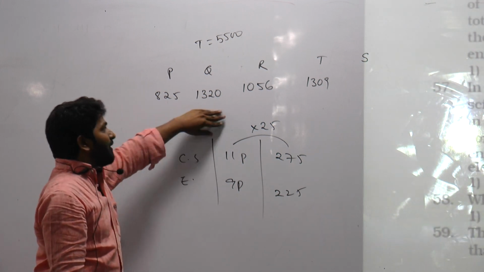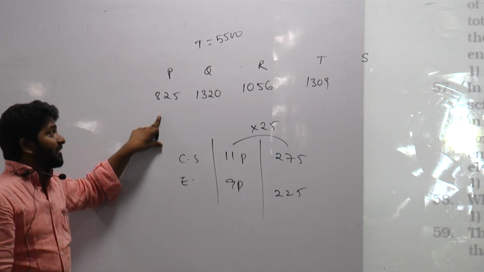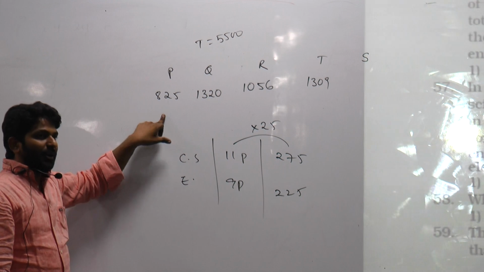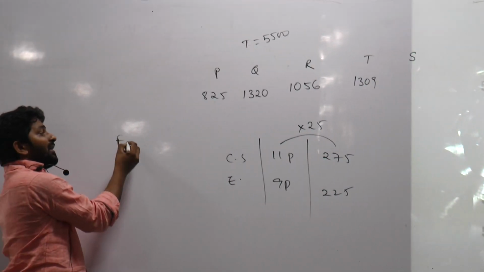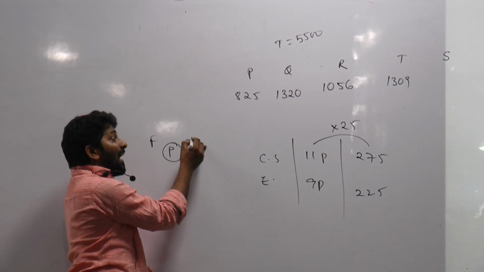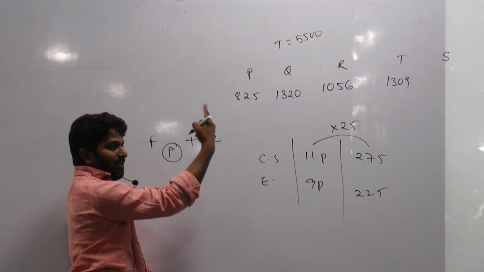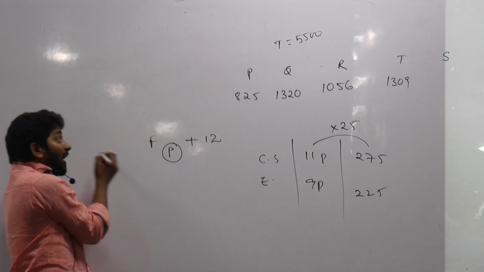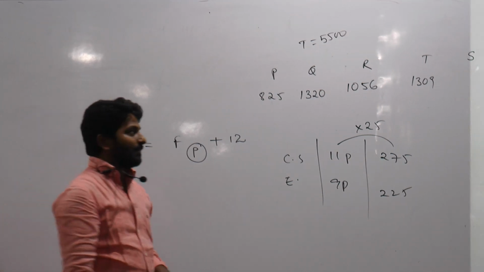And from that number if you subtract, you will get computer science female students from P. This is what you are asked about. In the sense, to female students from college P, if you add 12, you will get female students from college Q. And that should be a multiple of 5 because that is 5 parts. And that's what I am verifying.